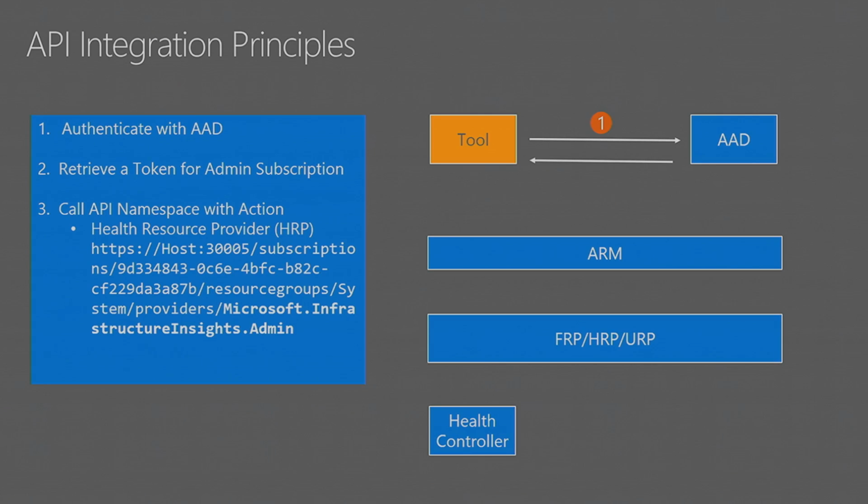Once we authenticate, we're going to call ARM to retrieve a token. With a token, we can call the underlying resource provider, either FRP, HRP, or URP. So in the example that I put up here on the slide, we're going to call a namespace called Microsoft.InfrastructureInsights.Admin. That's the health resource provider namespace.